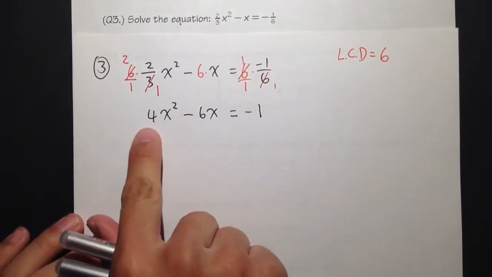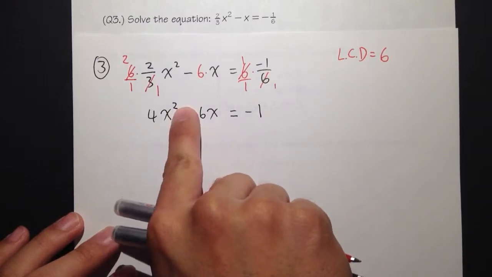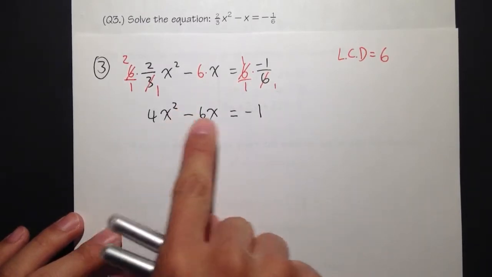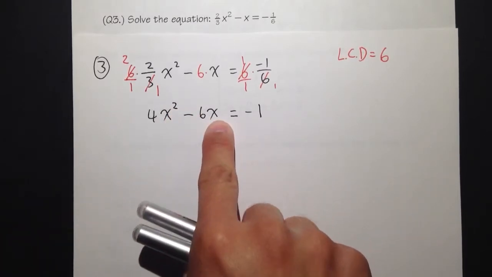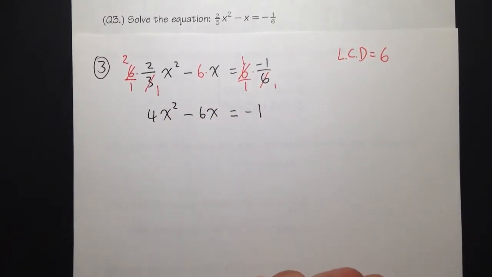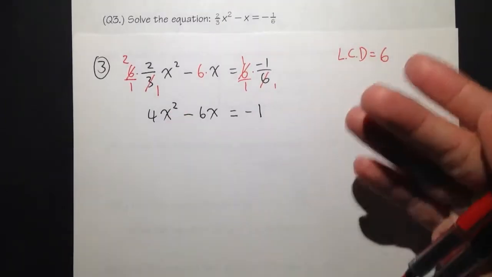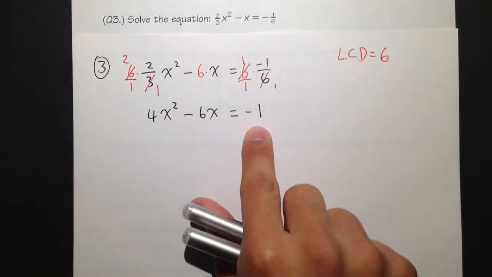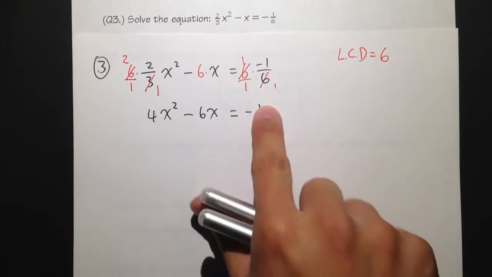Okay, so we actually have a quadratic equation because we have the x to the second power, that's the highest power, and there are two different terms, x to the second power and just an x, so we cannot combine like terms. To solve anything that has the x to the second power or higher degrees, we should first make one side equal to 0. I want to make this side equal to 0.